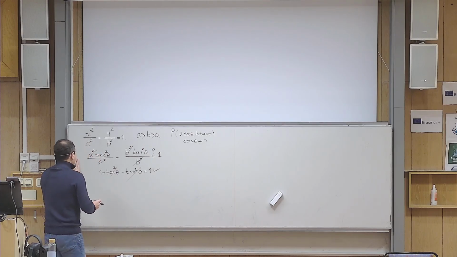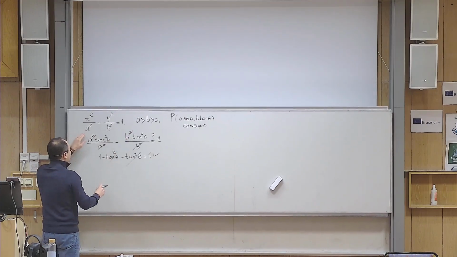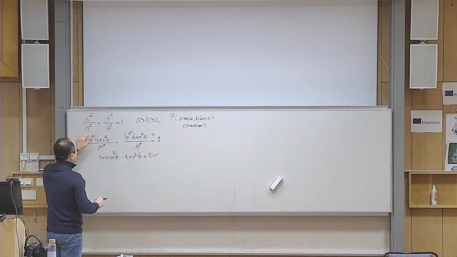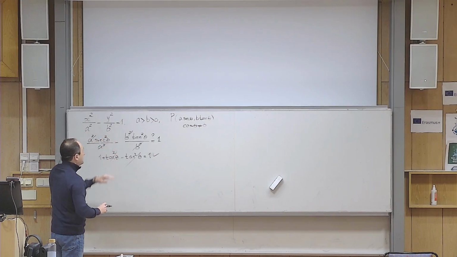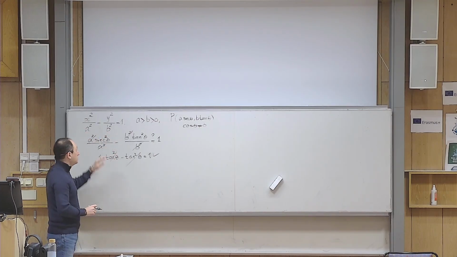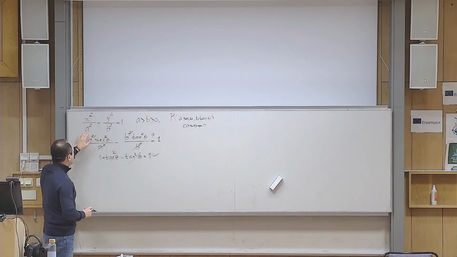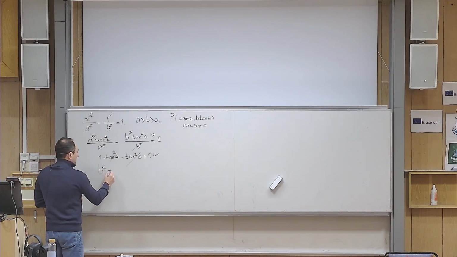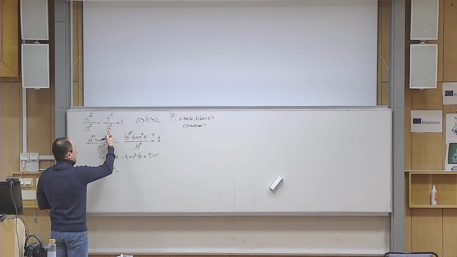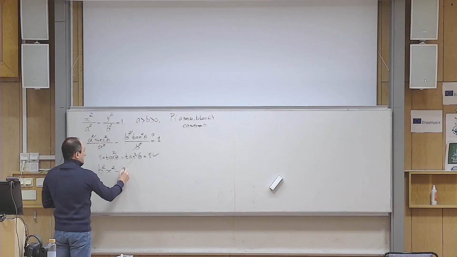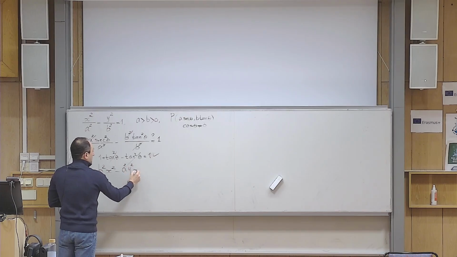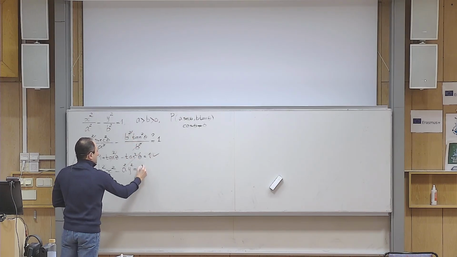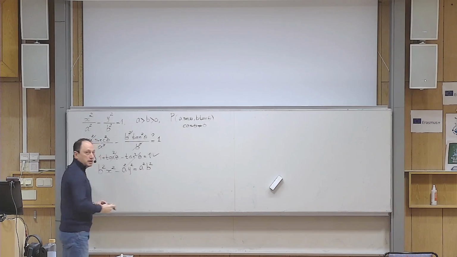I really don't like working with fractions all the time, so I prefer to multiply both sides by a squared b squared to get rid of these fractions. So b squared goes here, a squared is there, and on the right hand side I have a squared b squared. That is my implicit function.